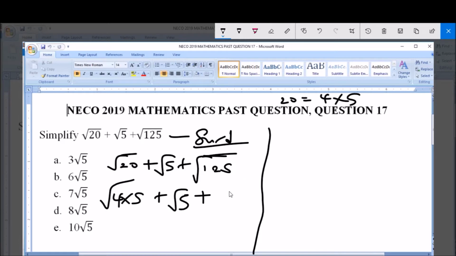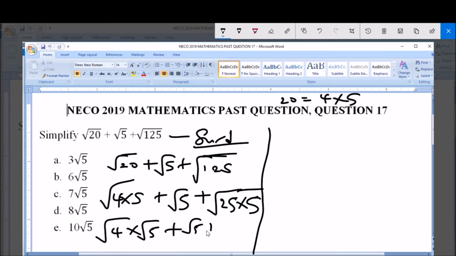One must be a perfect square, and that is what? 25 and 5. So root 25 times 5, and with this we have what? Opening this, we have root 4 times root 5 plus root 5 plus root 25 times root 5.